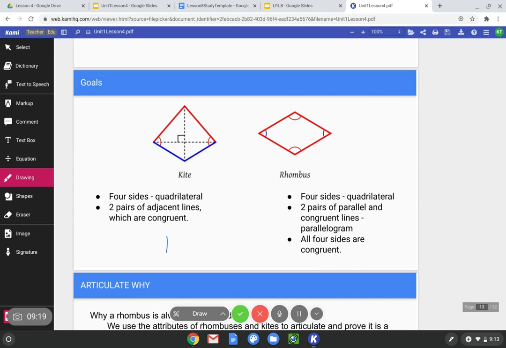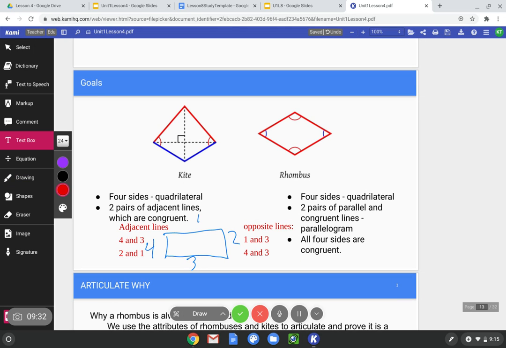So with a rectangle, 1, 2, 3, 4. The lines that are adjacent would be 4 and 3. So look at this. The adjacent lines are 4 and 3 because they are next to each other. But opposite lines are 1 and 3 because they are across from each other.